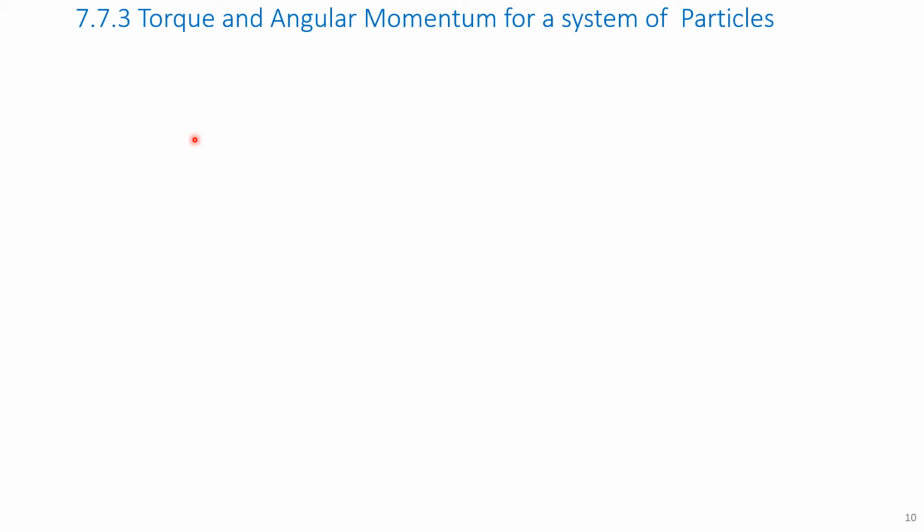Now we will take up torque and angular momentum of a system of particles. In the previous slide, we studied torque and angular momentum for a single particle. Now we are extending it to a system of particles, that is, to a rigid body.